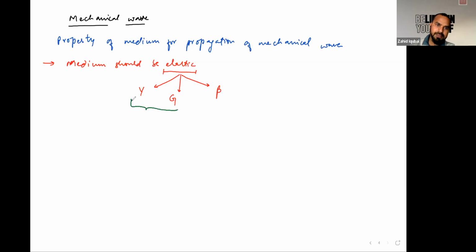These two terms are defined only for solids, but this is defined for all different media.